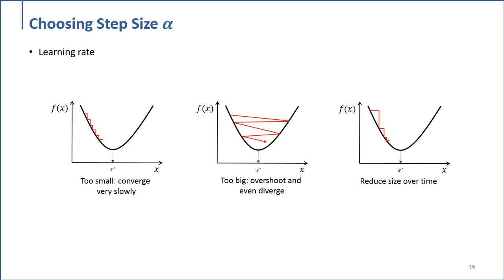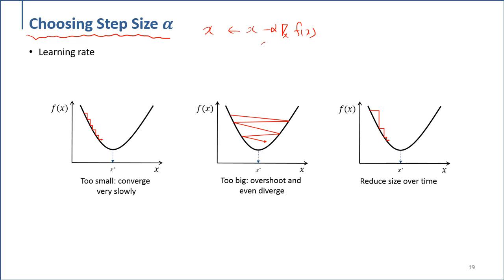The remaining problem is how we can choose a proper value of alpha. In gradient descent optimization, we update x as x minus alpha times the gradient of f at x.